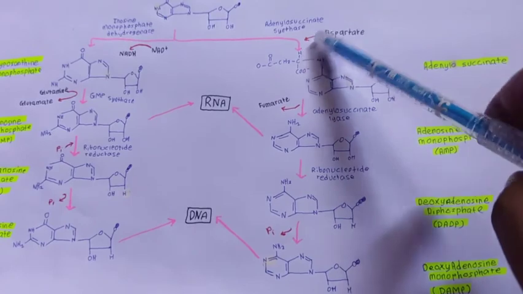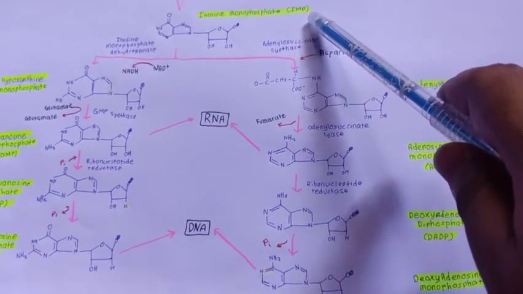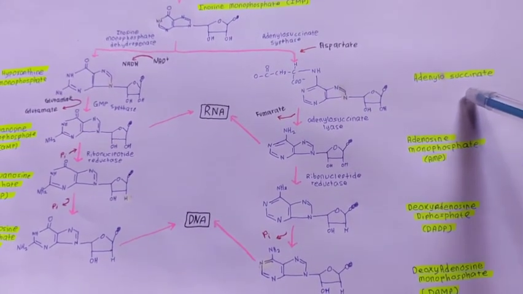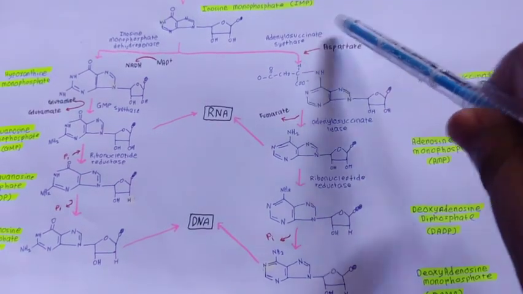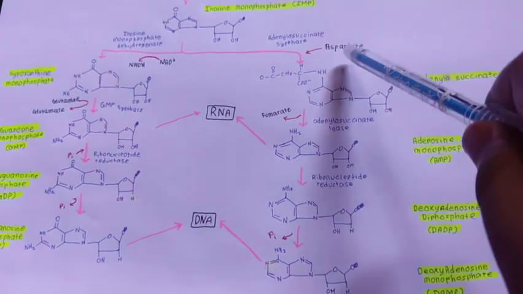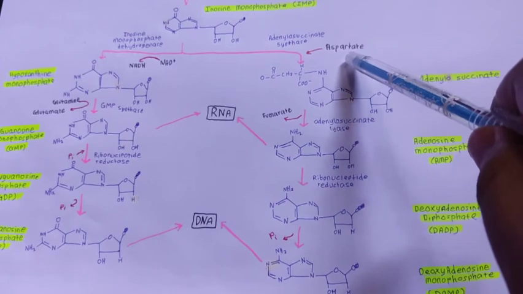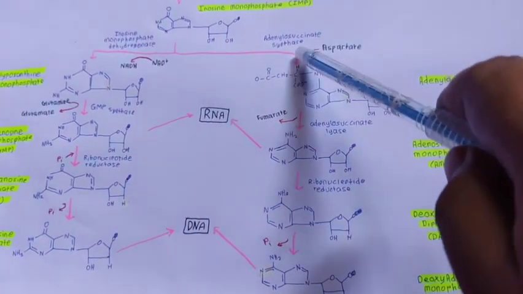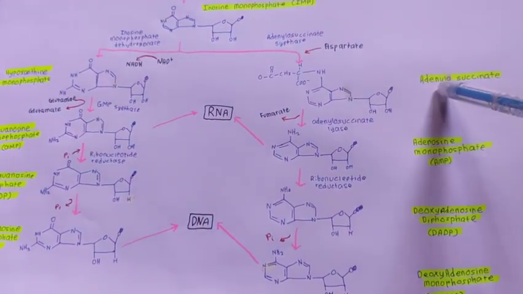Then here, this IMP molecule, we need to convert into adenylosuccinate. To make this molecule convert into adenylosuccinate, we need to add aspartate. When we add aspartate, we need to use the enzyme called adenylosuccinate synthase. Then this IMP was converted into adenylosuccinate.